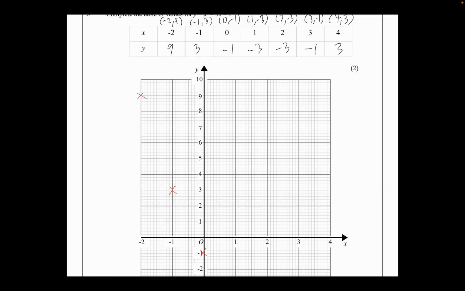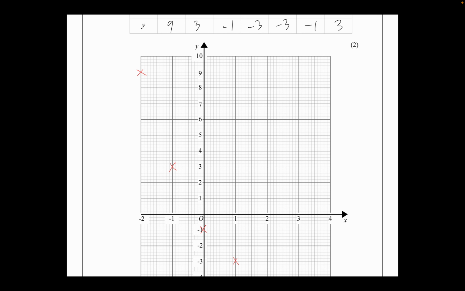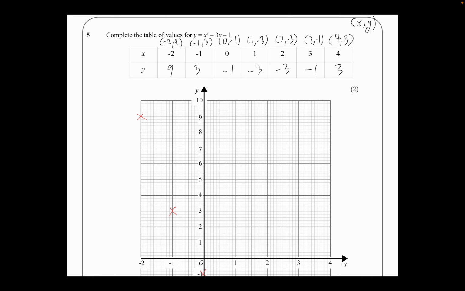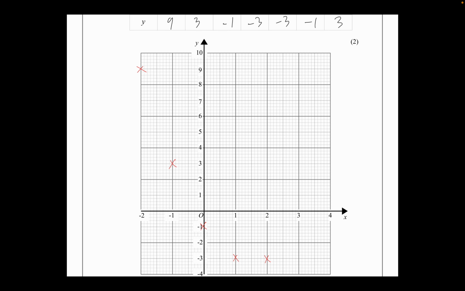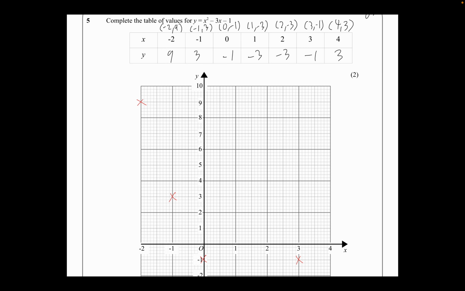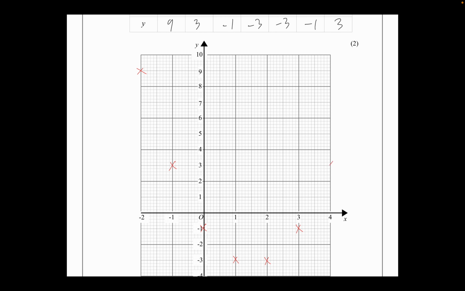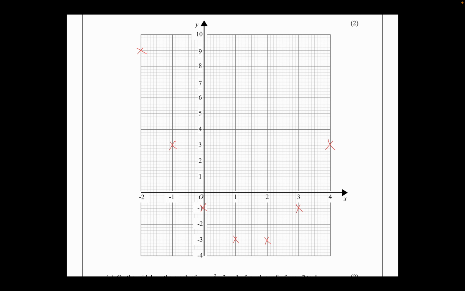Then 2, -3, that's somewhere here. 3, -1, that's here. And 4, 3, that's here. And now you're going to draw a smooth curved line. Remember, it should touch all the points. You're going to draw a smooth curved line like this.